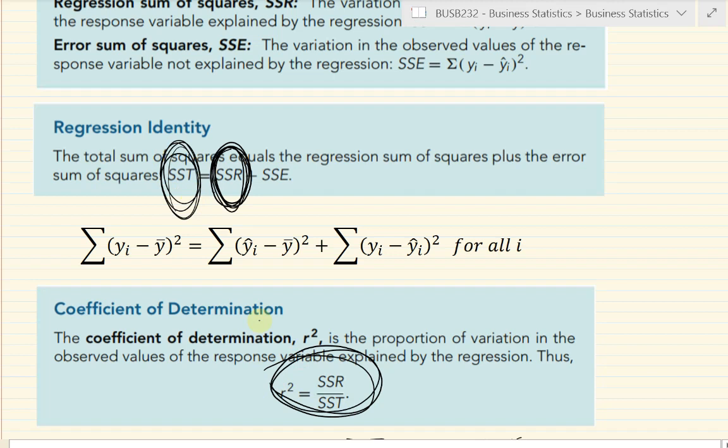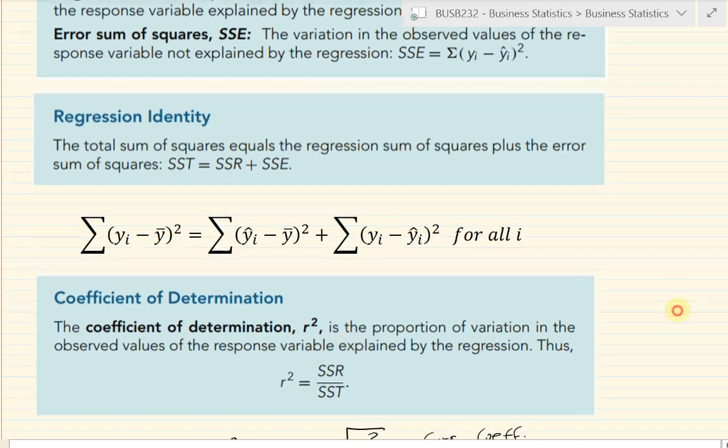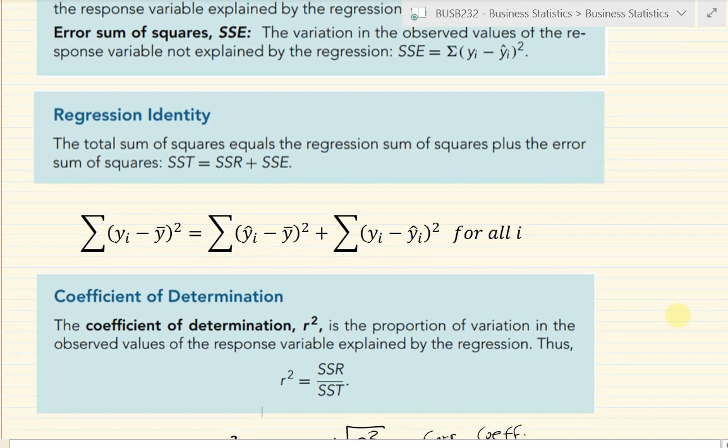So all of that is just to formulate a meaningful ratio. Now that ratio is called the coefficient of determination. Notice this is R squared, by the way. R was the linear correlation coefficient for simple linear regression. R squared is, in fact, when you square the R.